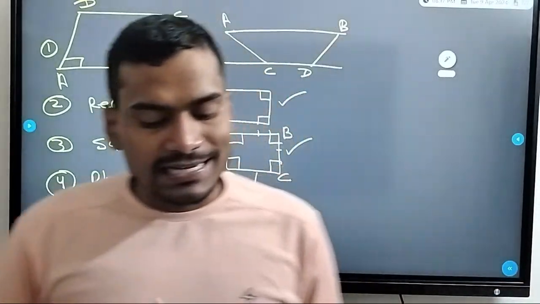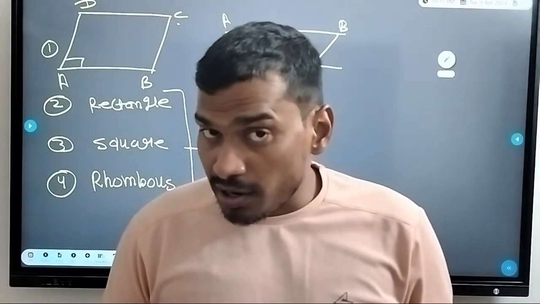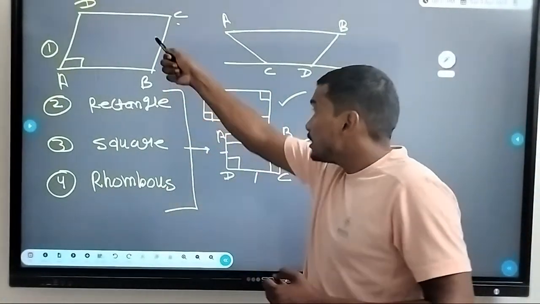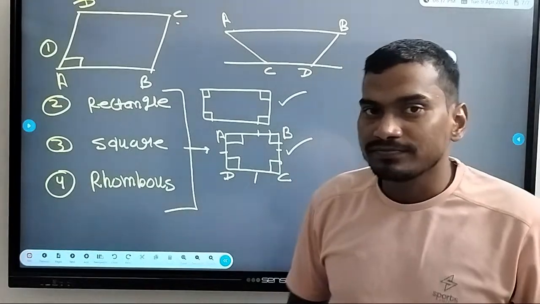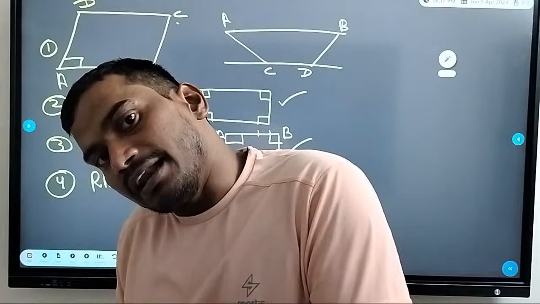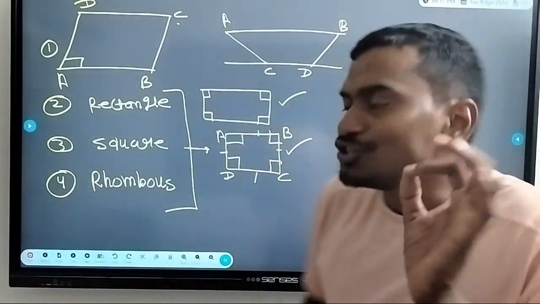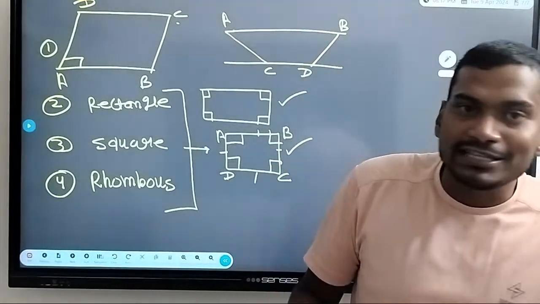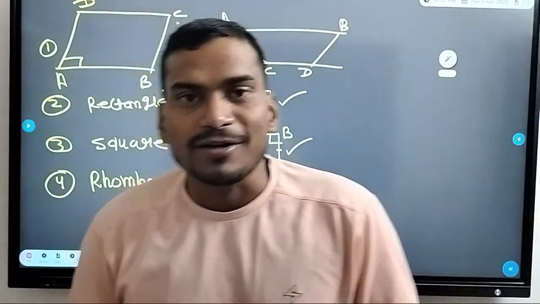Okay, the question is every rectangle is a parallelogram or not? Answer is yes, because all these are only the types of parallelograms. Can we say trapezium is also a parallelogram? Answer is no, because it is not following the basic property of parallelogram. So how we can say that is a parallelogram?